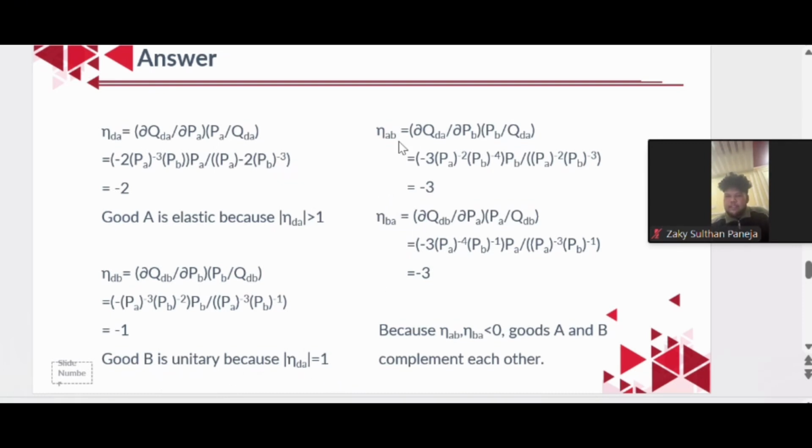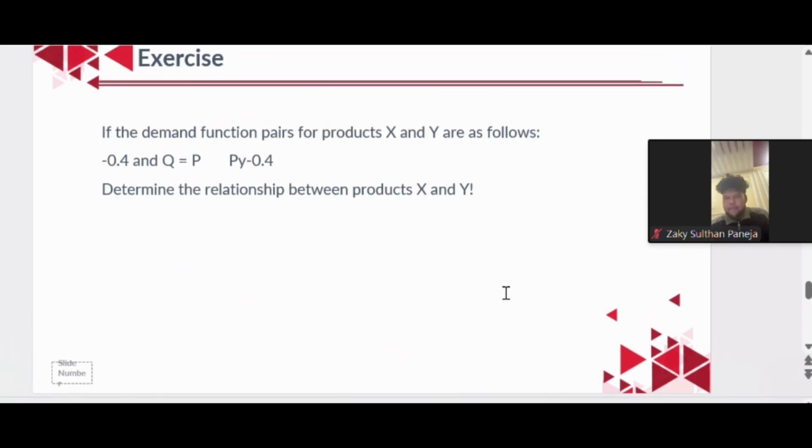The elasticity AB is minus 3, and elasticity BA is minus 3 also. Because the elasticities AB and BA are less than 0, goods A and B are complements of each other.